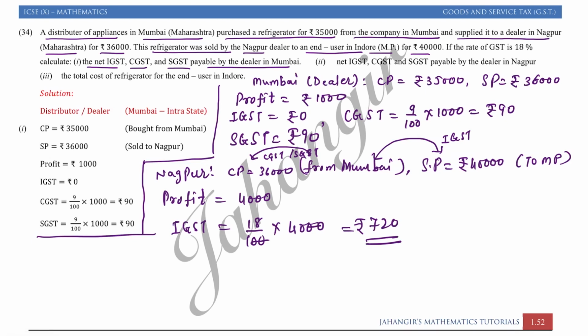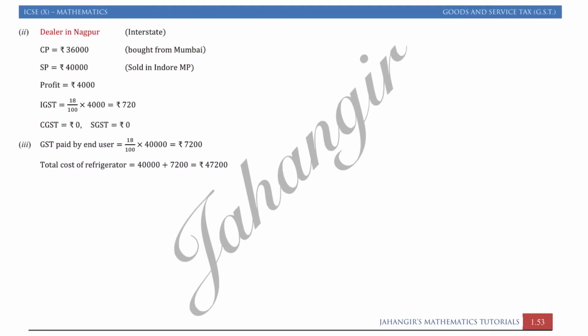Now, if we are doing it by the input-output method, let us do that also. The dealer in Nagpur has bought it for 3,600, which was bought from Mumbai. So input CGST, this is credit. Input CGST was how much percent? 18%.